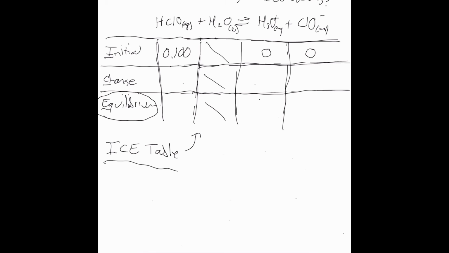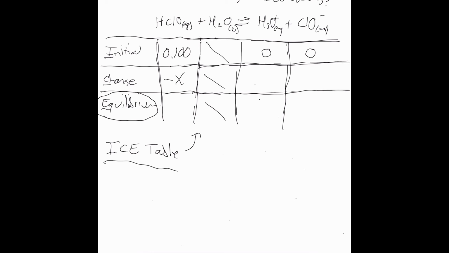So let's say as this reacts, we're going to lose HClO. So we're going to have minus x, and I'm going to make it 1x because there's a stoichiometric coefficient of 1. Then if we go over to the H3O plus, remember we're ignoring H2O, we look at its stoichiometric coefficient. For every 1 HClO we react, we will get 1 H3O plus.